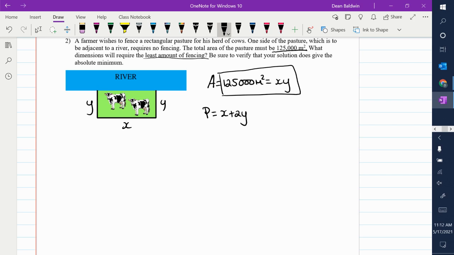Now your goal here, here's your second equation. This is what you have to derive, because you're trying to minimize the amount of fencing you use, okay? You have to get rid of one of these variables using this equation. So which variable do you want to get rid of?